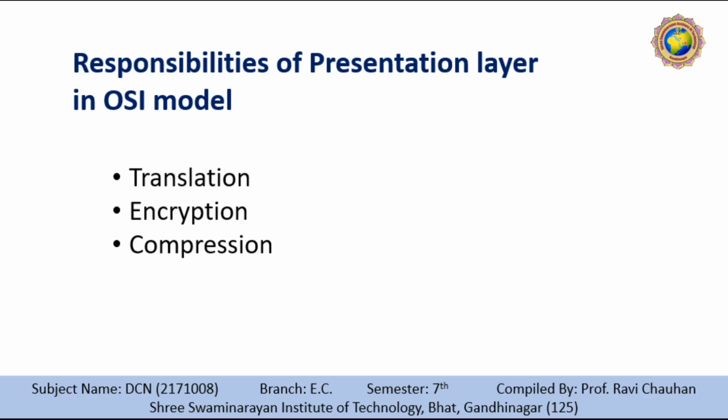Let's take the example of WhatsApp. When your image is 2 to 3 MB in size and you send that image to the WhatsApp application, that image will be compressed and the size will be reduced. So it is an example of compression.